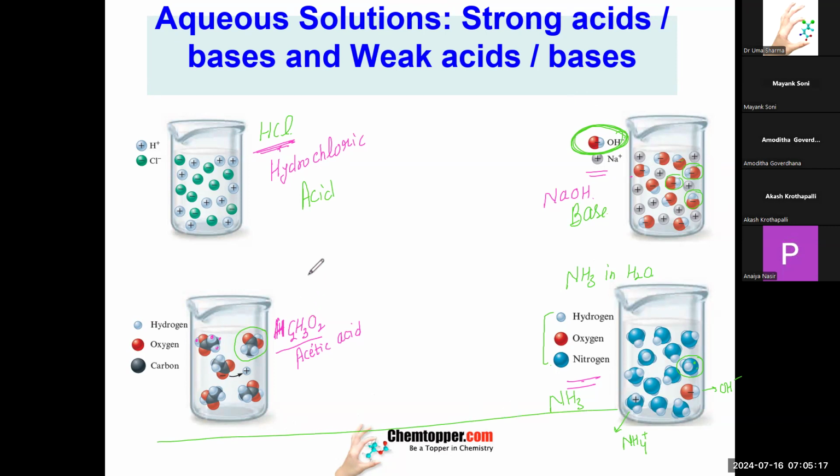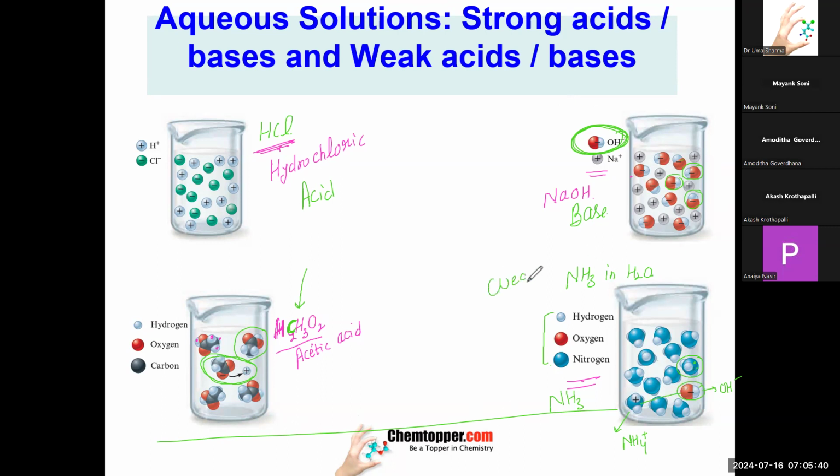So this is weak acid. Carbon containing acids are weak acid. Can you see hardly one dissociation? Only one molecule is dissociated. And this is also, can you see OH minus are generated, but only very less amount? So this is a weak base.